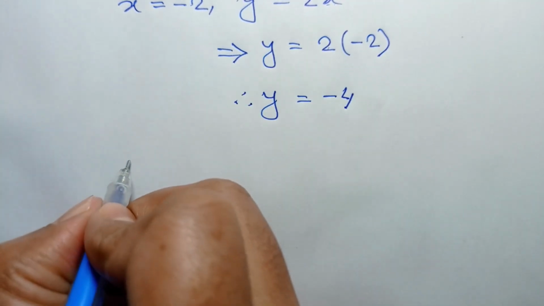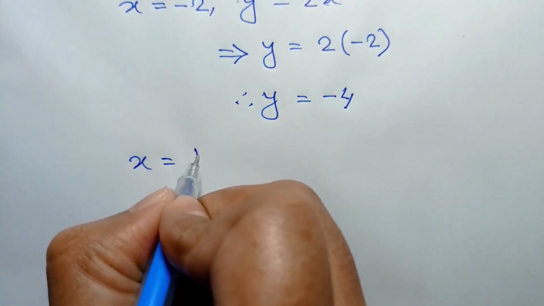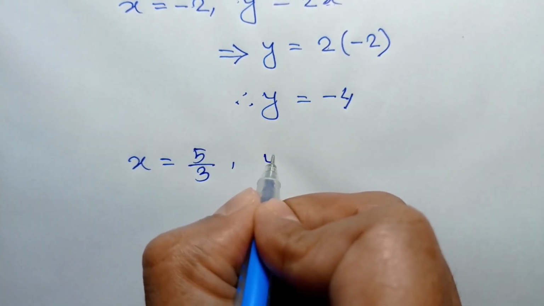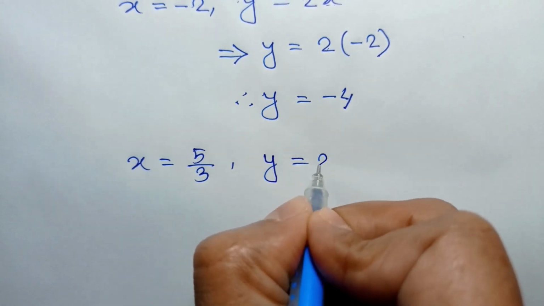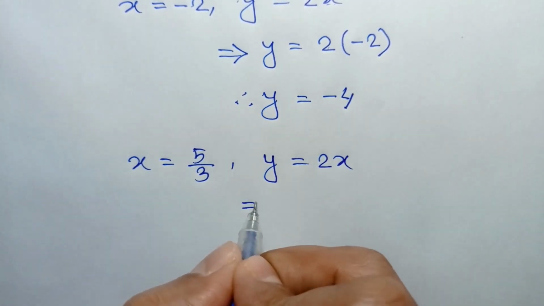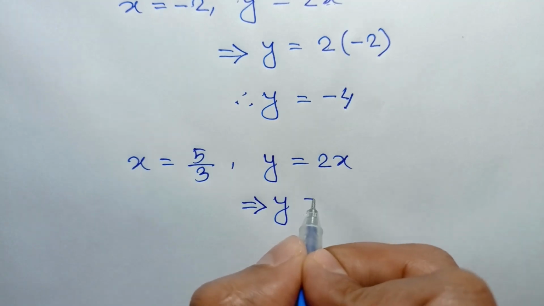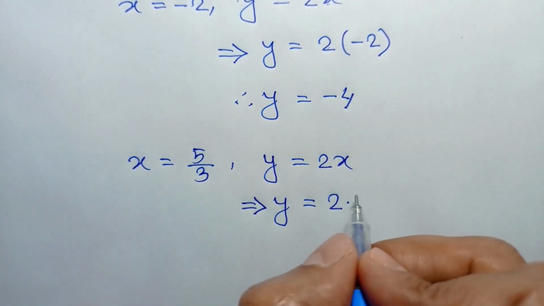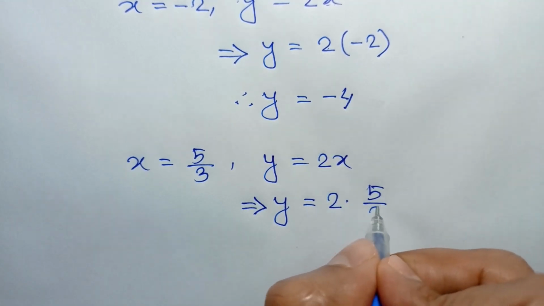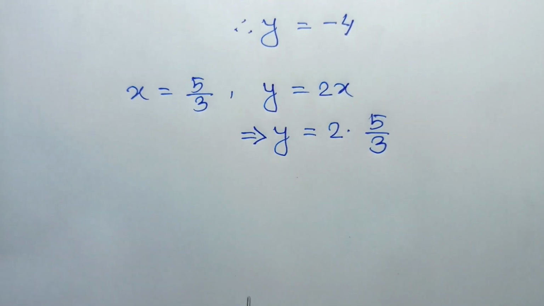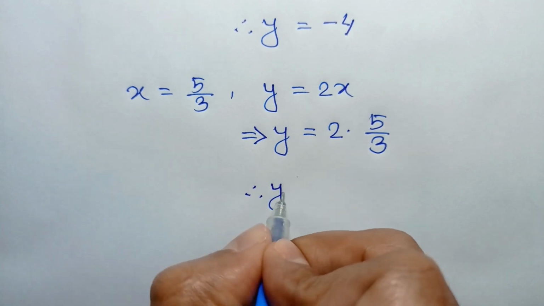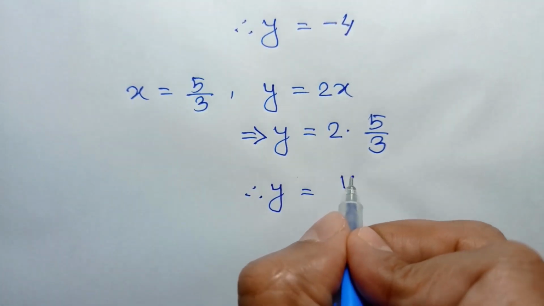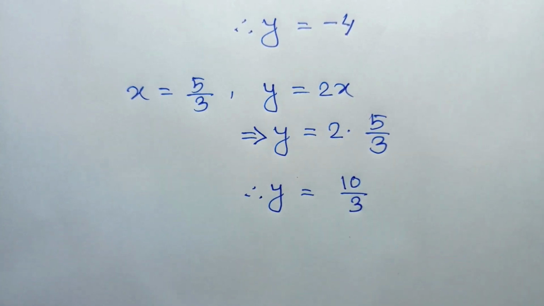And when x is equal to 5 over 3, then from equation 5, y is equal to twice x, or y is equal to 2 times, substituting the value of x is equal to 5 over 3. So the value of y is equal to 2 times 5 is 10, so 10 over 3.